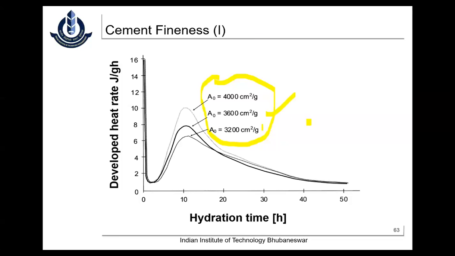Sometimes they use a very bad quality fly ash, and because of that, to match the performance of the cement to that of an OPC, they grind the cement to a very high fineness, so that they have early strength for form removal. That's good, but the heat of hydration also shoots up.